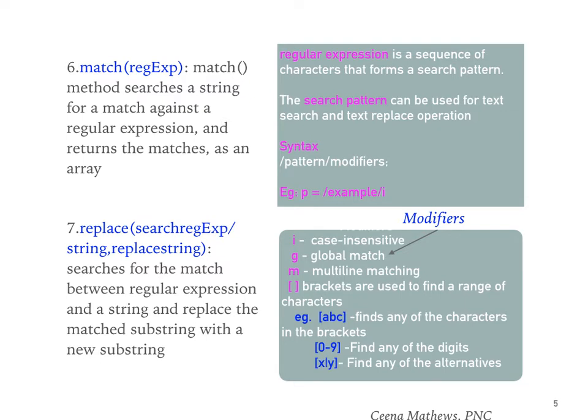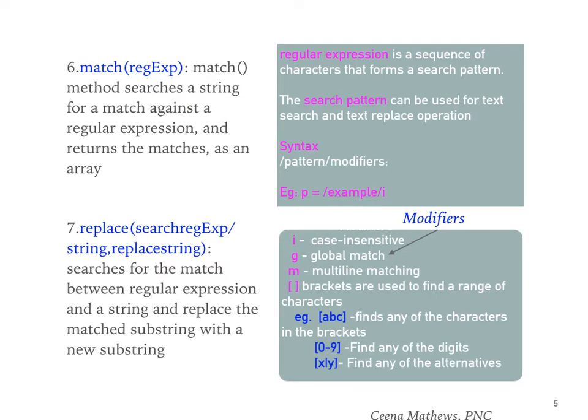I is a modifier to search the pattern irrespective of case, that is, it is case insensitive. And if you want to search globally, that is throughout the string, for a particular pattern, you can use G. And multi-line matching can be done using M. Square brackets are used to find a range of characters.